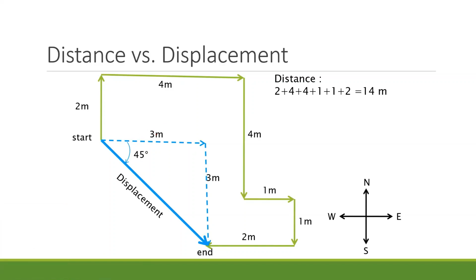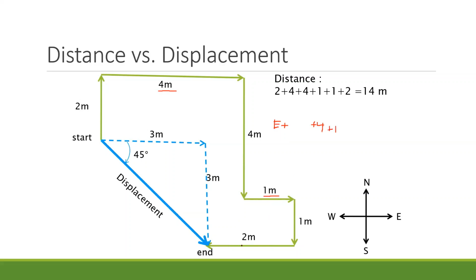If you were to work out how to get this 3, I would do it like this. You've got a 4 here. Let's just say east is positive. You're going to have to deal with my bad writing here. We've got plus 4. Then here, I've got another one that's still going east, so I've got plus 1.